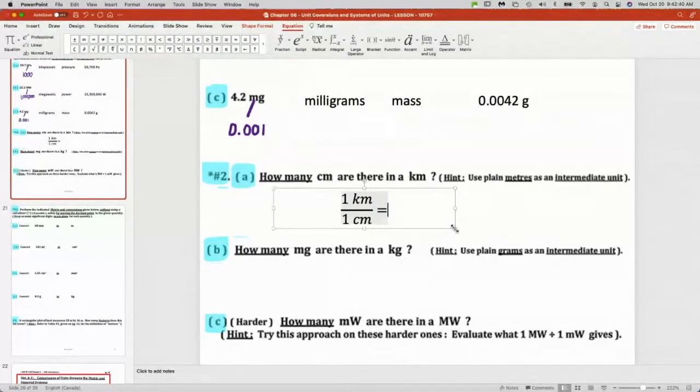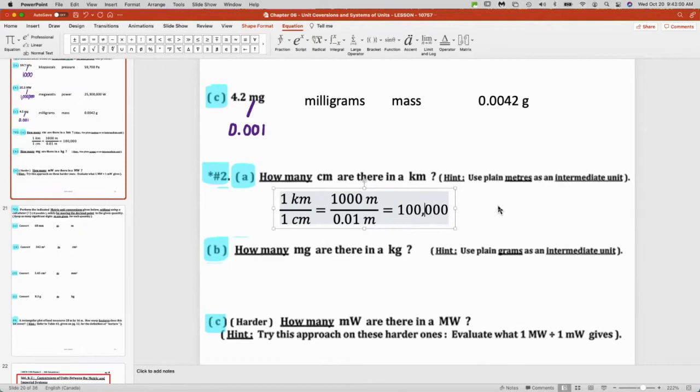So I'll show you how I'm going to do this. What I'll do is I'll convert kilometers into meters, and I'll convert centimeters into meters. And that's it. If you divide those two numbers, you get 100,000.